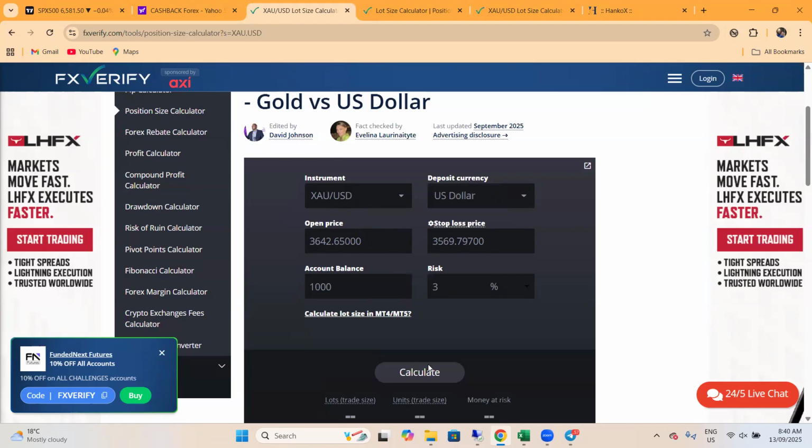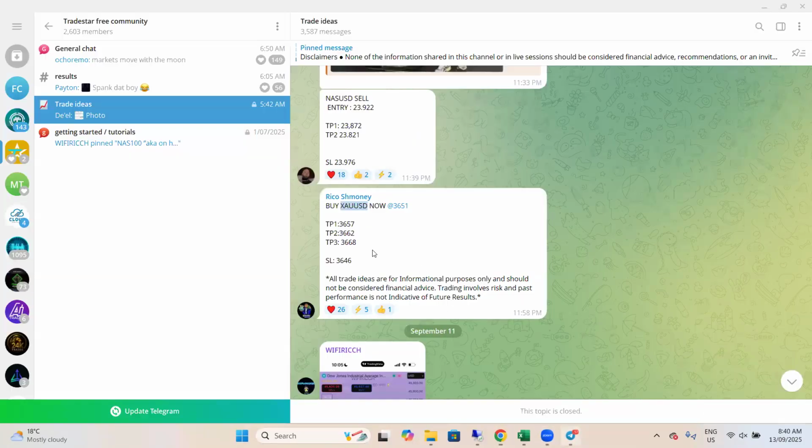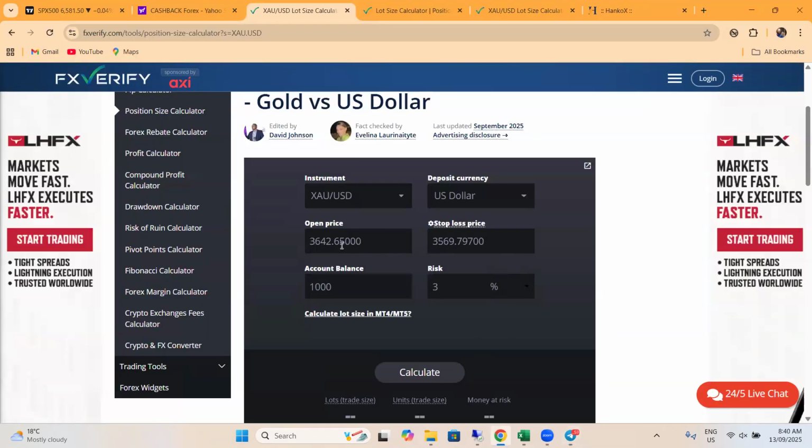So we want to get the open price, and what was it? 3651. And here is our stop loss, SL 3646. So if we come back here, we're just going to put in our entry price, 3641, I think it was.